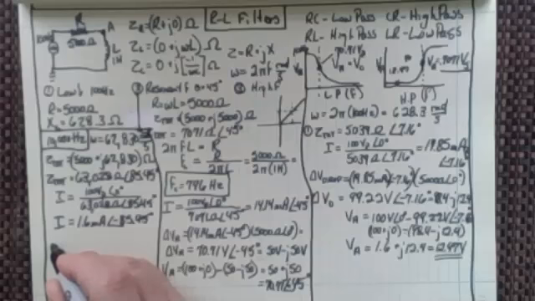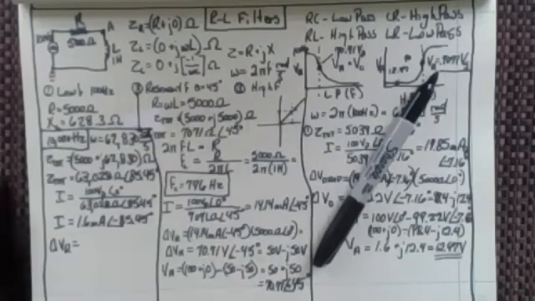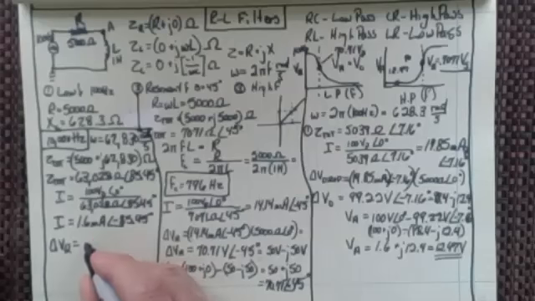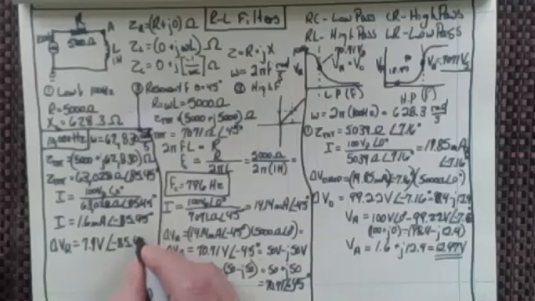So if we've got that, then the voltage drop across the resistor, I think everybody can see, I'm just going to multiply 1.6 milliamps at minus 85 degrees by the resistance, which is 5,000. And that gives me 7.9 volts drop at an angle of minus 85.45 degrees.